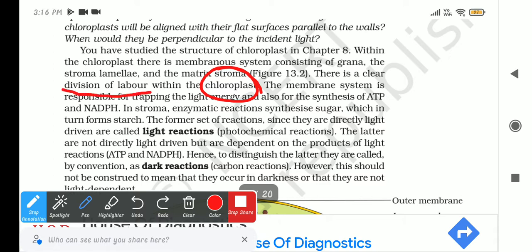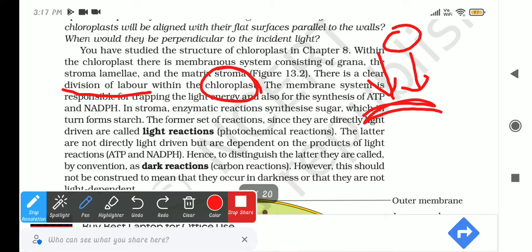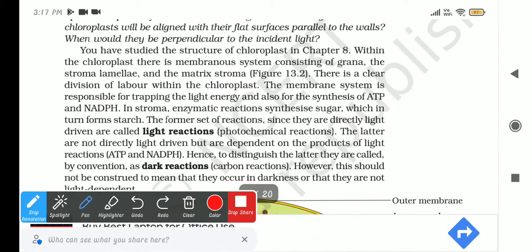And the membrane system is responsible for the trapping, because the membrane can only trap the sunlight. From the membrane it will move inside, so the membrane is the primary acceptor of the sunlight. The membrane is responsible for trapping the light energy and also for the synthesis of ATP and NADPH. In the stroma, enzymatic reactions synthesize sugar, which in turn forms starch.